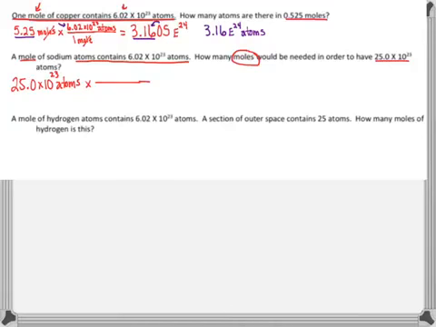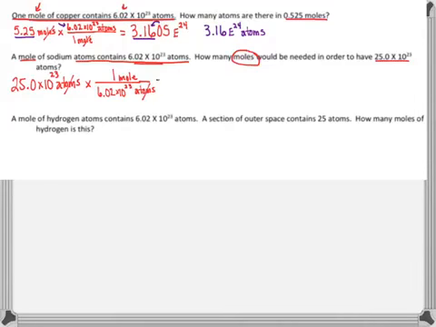And according to the equality given, I'm told that 6.02 times 10 to the 23rd atoms is equal to 1 mole. My atoms cancel out.